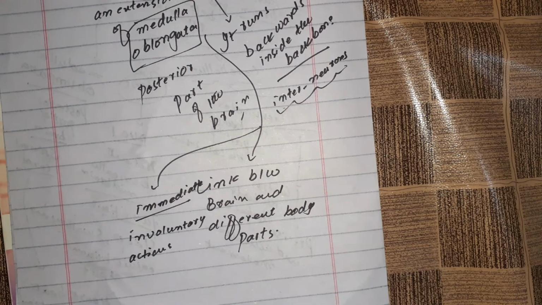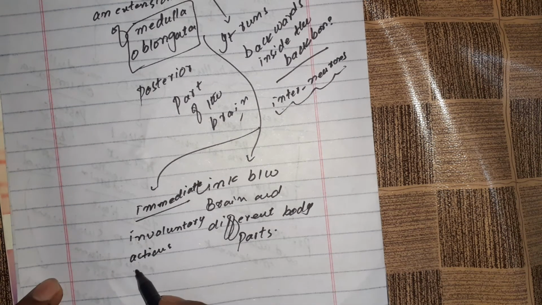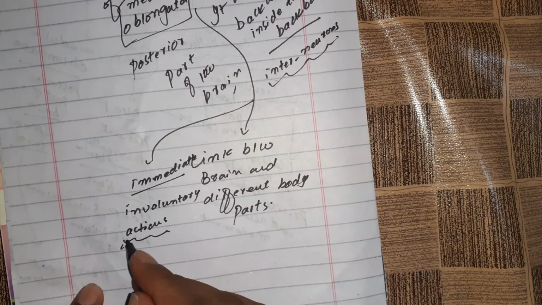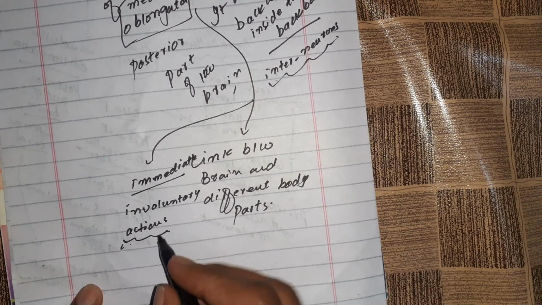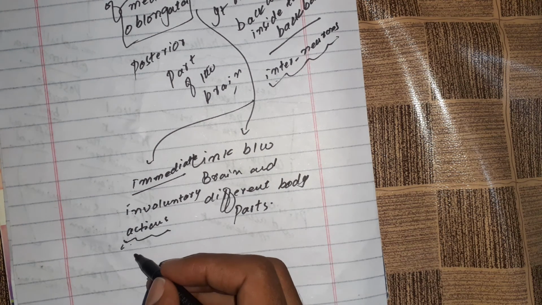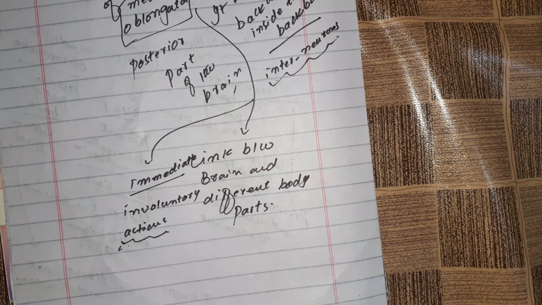Involuntary actions are actions that are not controlled by, or not under, a decision. Well, you can say involuntary actions are those which are not controlled by a decision. Clear? We call them involuntary actions.